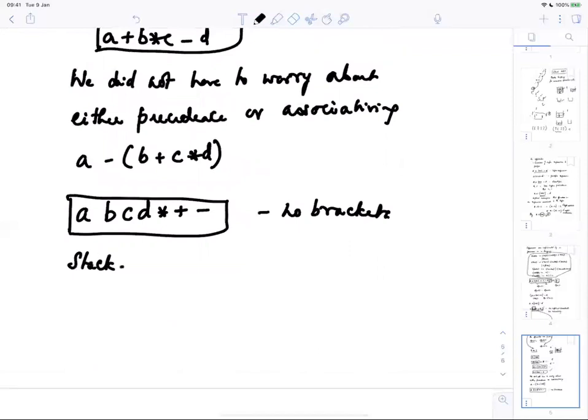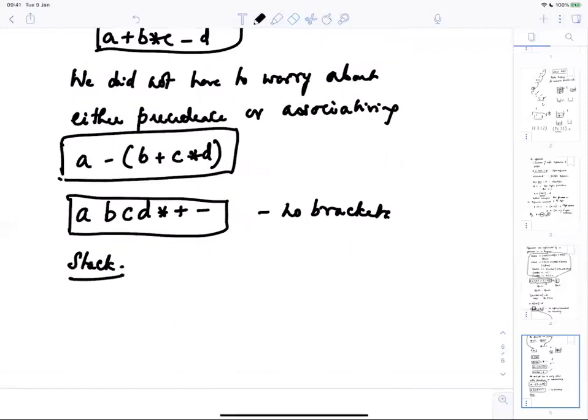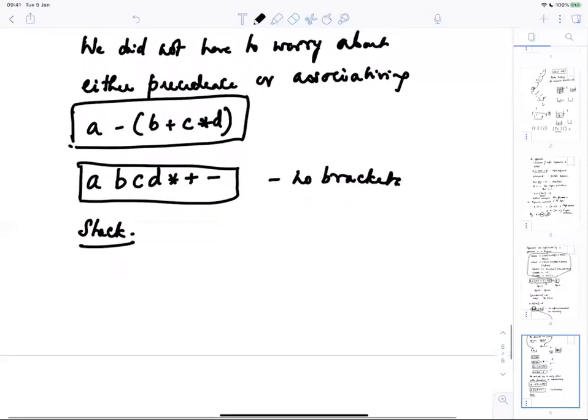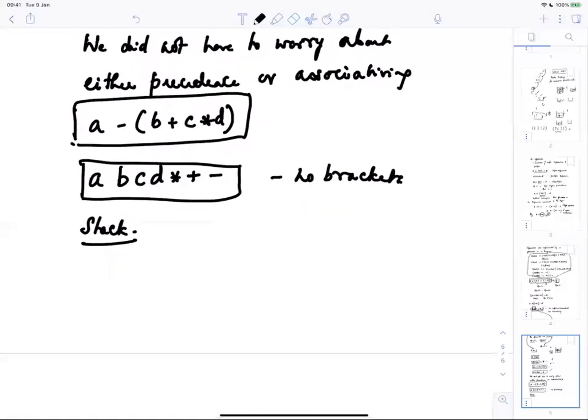But first we have to see how we convert an infix expression with its appropriate associativity to a postfix expression. And of course, there's one operator which associates to the right.